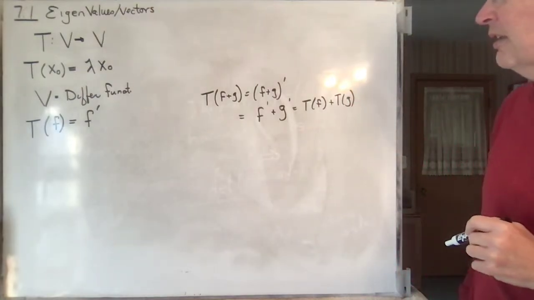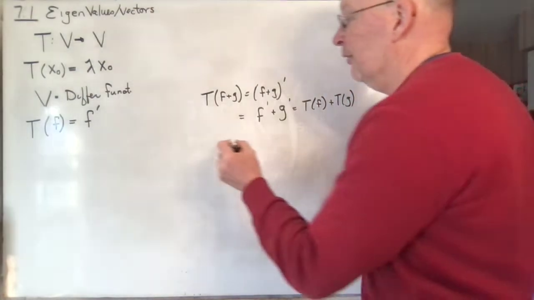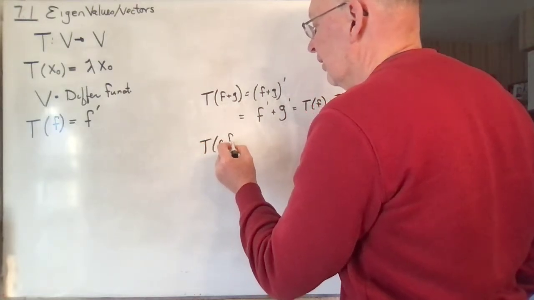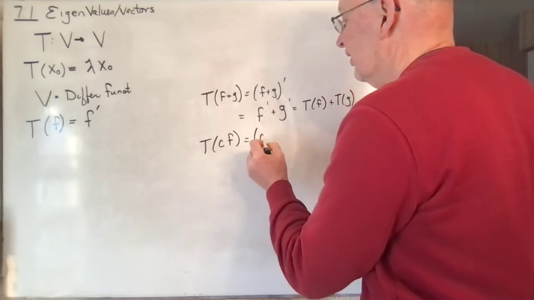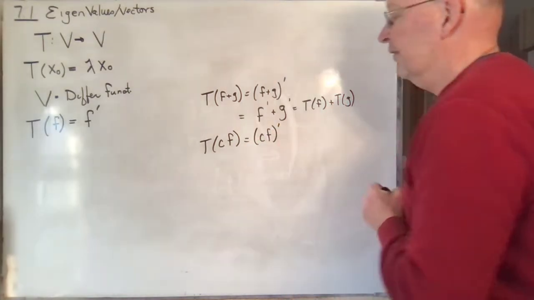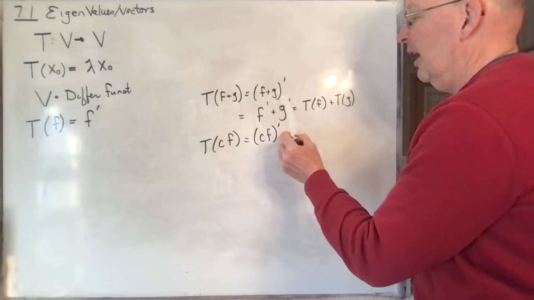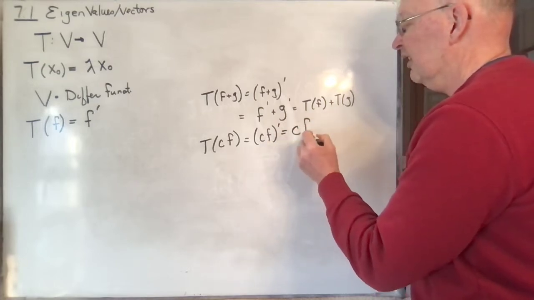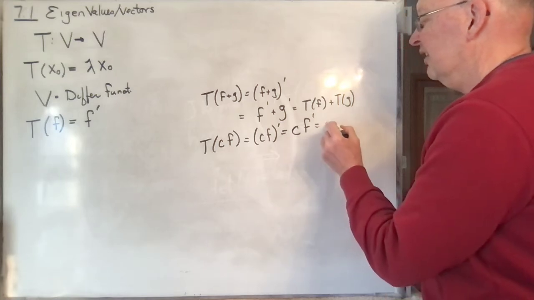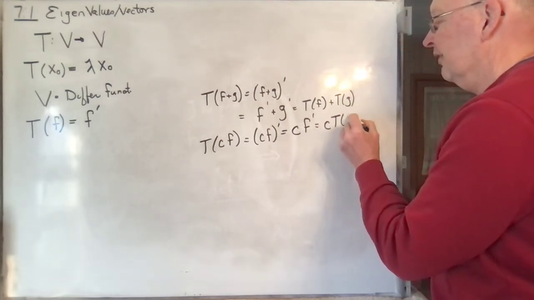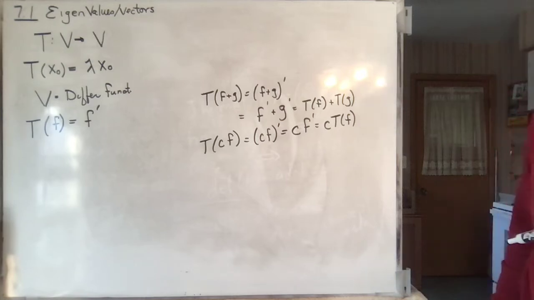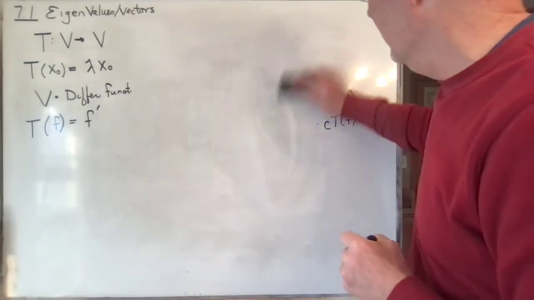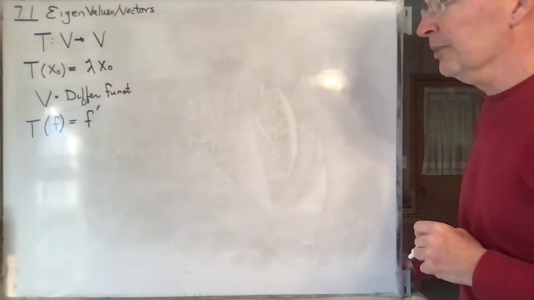And the other thing is T of some constant, let c be the constant, times f. This is the derivative of c times the function f, and we know that's just c times f prime, and c times f prime is c times T of f. So both of those things are satisfied, which means that's a linear transformation. So that's a review of what we've done before.